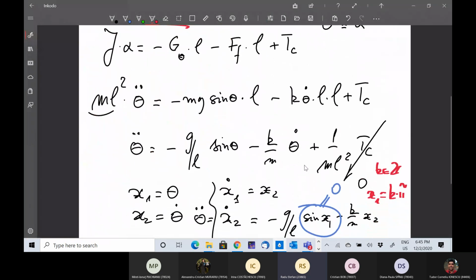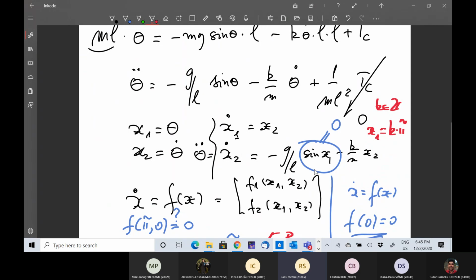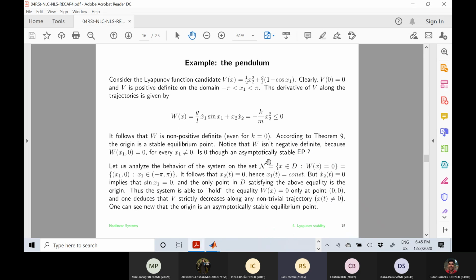Yeah, look, it's minus g over L sine x1 minus k over m x2, and once we have multiplied all this element with x2, we'll get minus g over L x2 sine x1, which cancels with the first element, and then we get minus k over m x2 squared. That's all. It is very easy to see that.